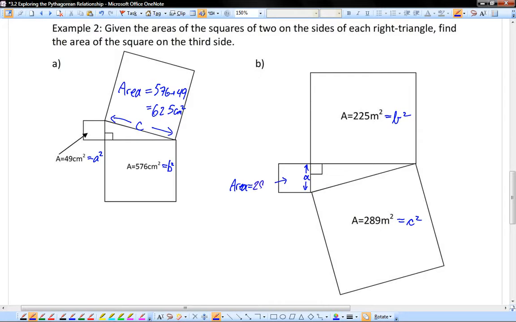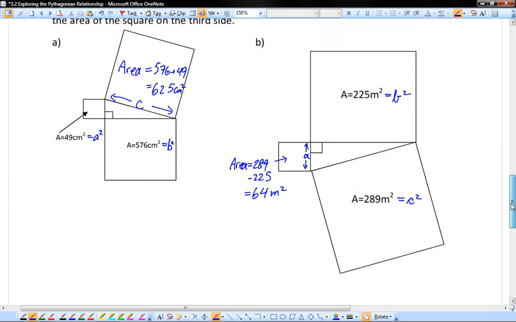So 289 minus 225, and this gives me 64 meters squared. Okay, and again, this is just another use of the Pythagorean theorem.